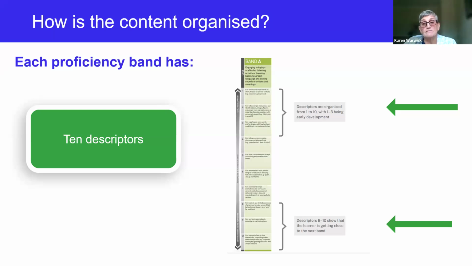So learners may not achieve all these descriptors within a band in the same order or at the same time, and they may show evidence of achieving descriptors in the next band. So never assume that a young multilingual learner is only in band A.